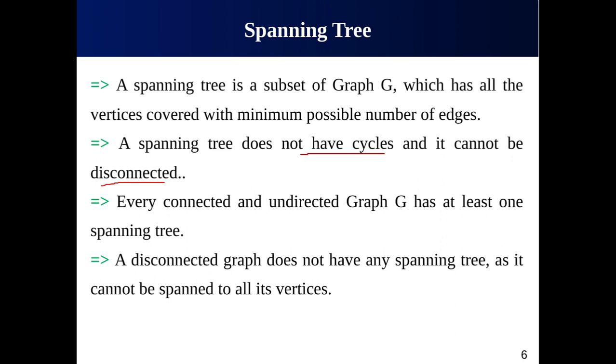Only connected graphs; the definition will not be applicable to a graph that is not connected. And also the graph should be undirected. So if a graph is undirected and it is fully connected, then there exists at least one spanning tree. At least means it could be one, it could be two, it could be three, and so on.